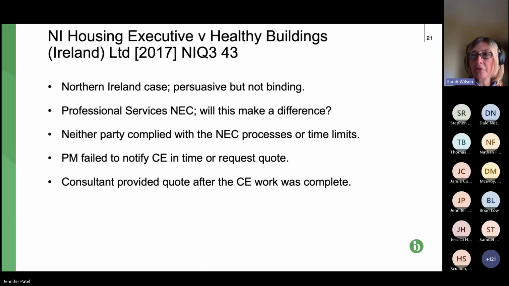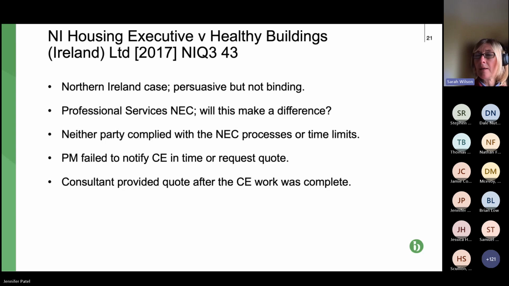Consultants, as consultants often do, just got on with the work, wanted to do a good job, etc. Did the work, and I think got to the end and thought, oh, that's a CE, we need to work out how we're going to get paid for that. So having done the work, they submitted a quote, but they did it on the basis of the switch date that we've looked at, i.e. because it should have been notified by the PM from the date of the instruction changing their scope of work.